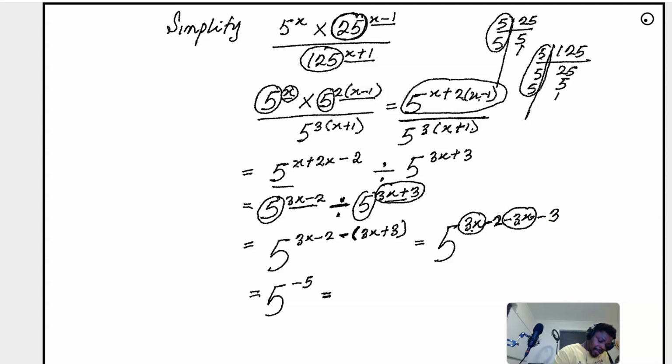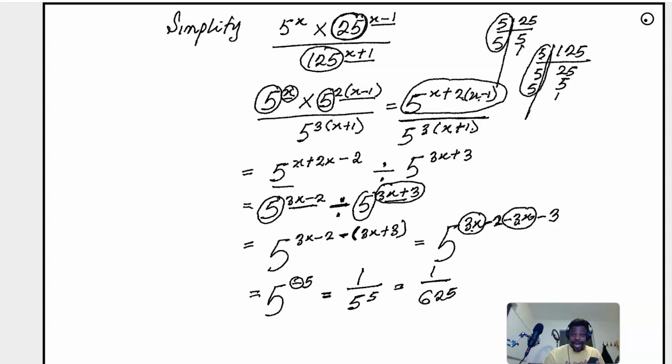Remember, in indices, minus on the power side means 1 over. So 5 raised by 5. And what is 5 raised by 5? That is 625. Let me confirm using my calculator. 5 raised by 5. No, 5 raised by 5 is 3125.